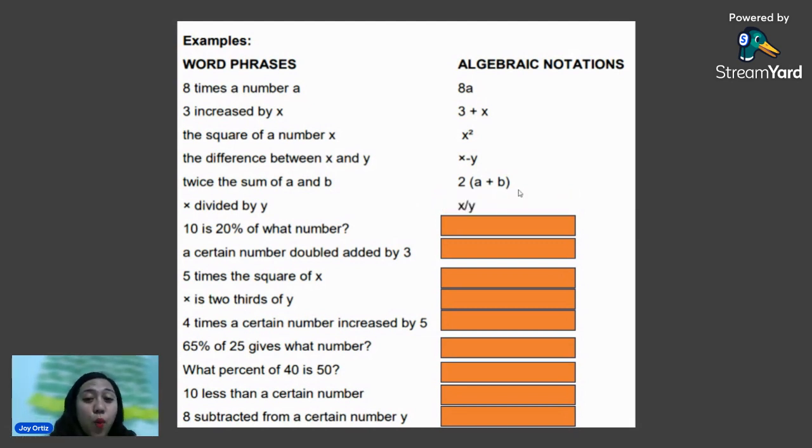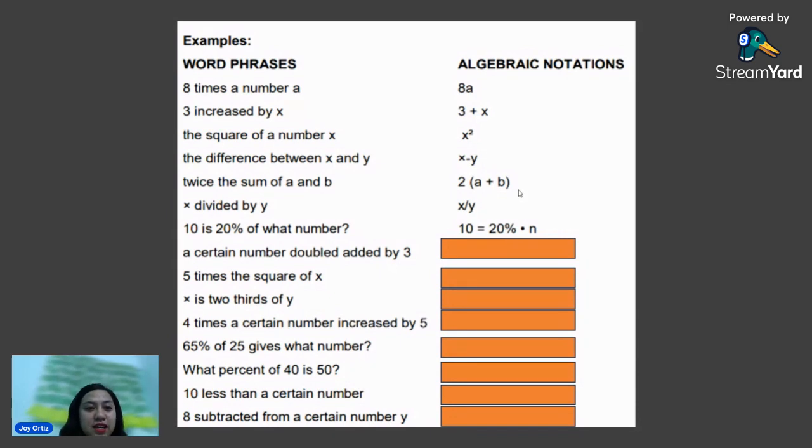X divided by Y? Yes, X divided by Y. So that's the algebraic notations. How about 10 is 20% of what number? Okay, 10 is equal to 20% times n. So that's the algebraic notations.